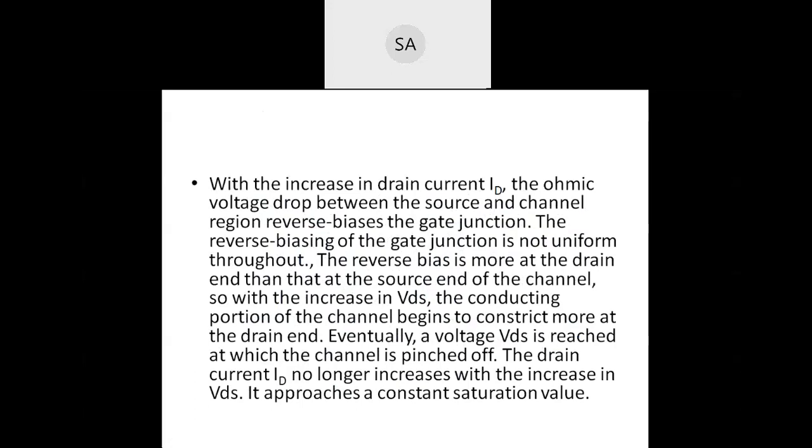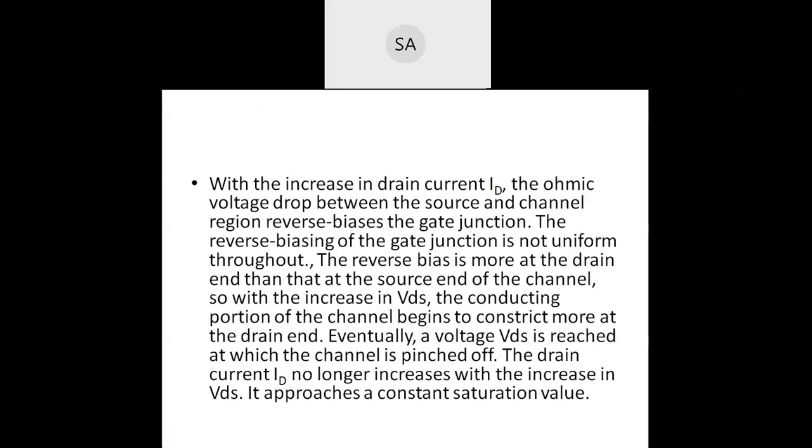And next, with the increase in drain current, the ohmic voltage drop between the source and channel region reverse biases the gate junction. So the gate junction becomes reverse biased while the current increases.